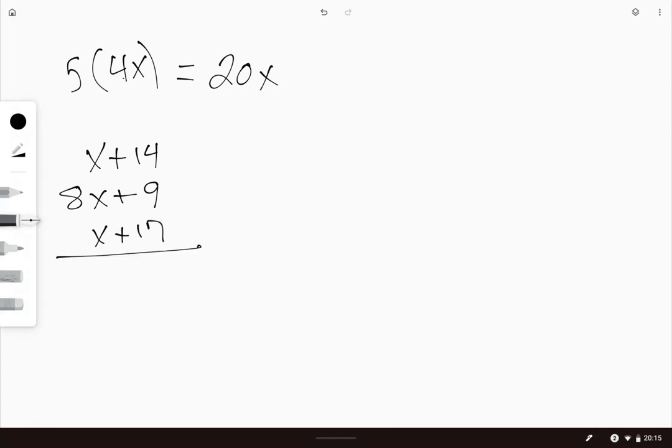So when I add all these up, I get 14 plus 9 is going to be 23, and then 23 plus 17 is going to give me 40. And then x plus 8x is 9x plus x gives me 10x. So my equation for when these are the same is going to look like this: 20x equals 10x plus 40.